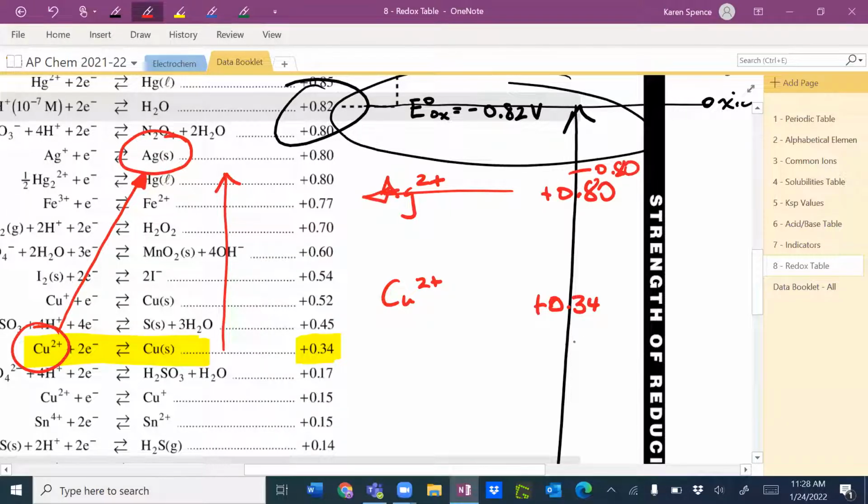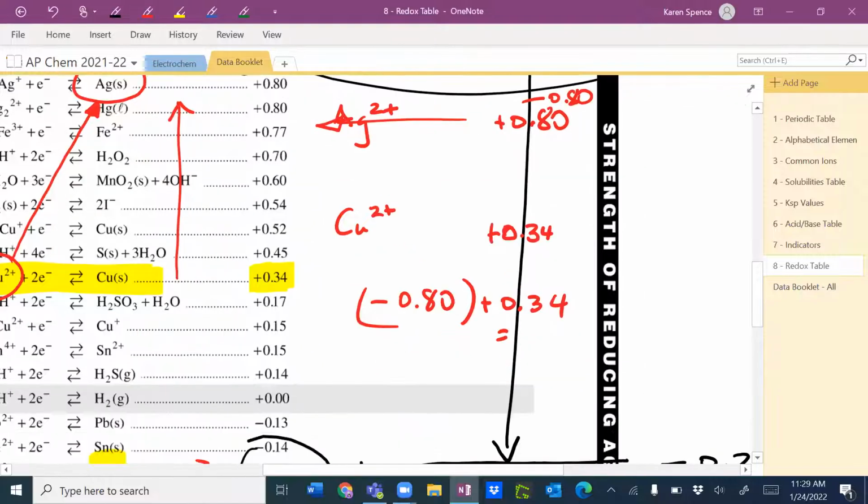And then we'd have negative 0.80 plus 0.34. And I feel like I'm just rambling now. So are we feeling okay about that question? Even though I've rambled? You can always do the calculation to find the cell potential. I have done it in a non-standard way, but oh well. Okay.